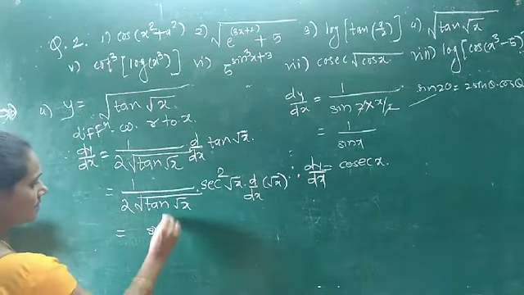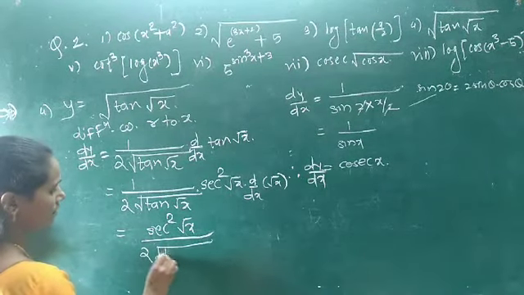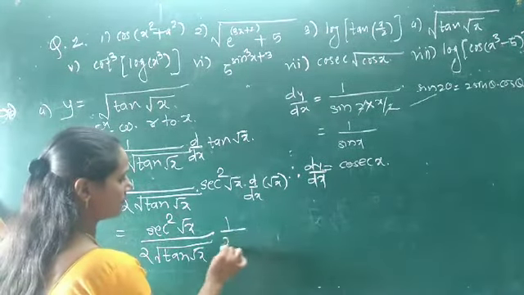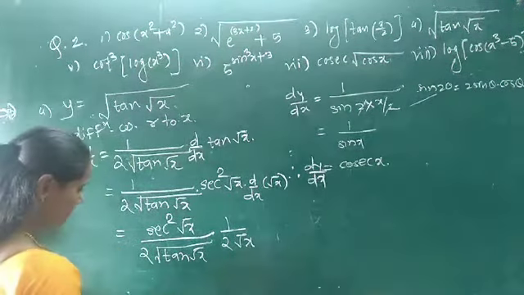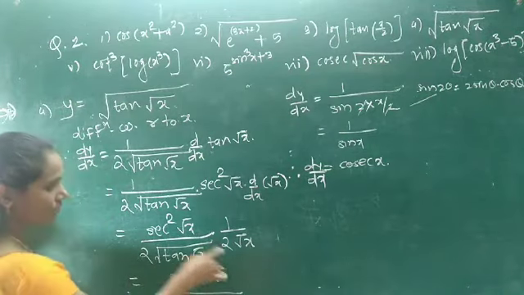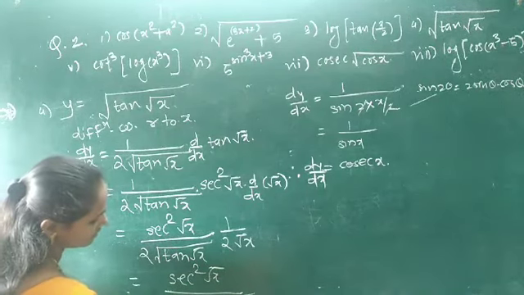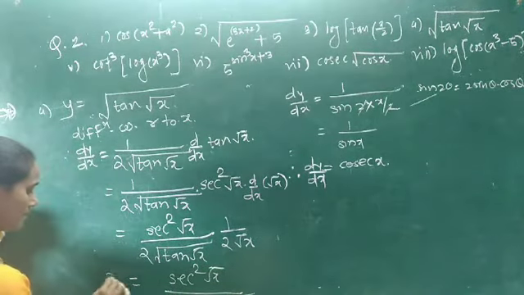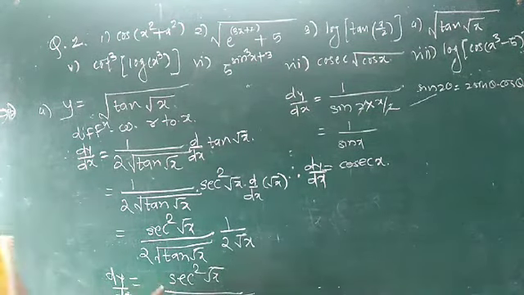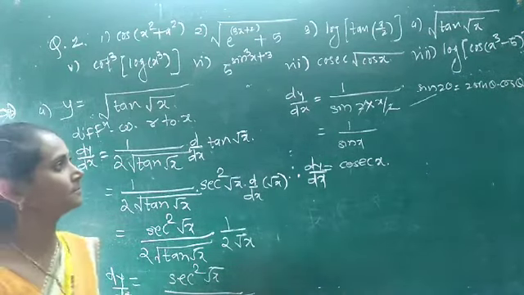That is sec square root x divided by 2 root of tan of root x into the derivative of root, which is 1 upon 2 root x. So sec square root x as it is. This 2 into 2 will become 4 root x into under root tan of root x, that is dy upon dx. Sec square root x divided by 4 root x into root of tan root x.